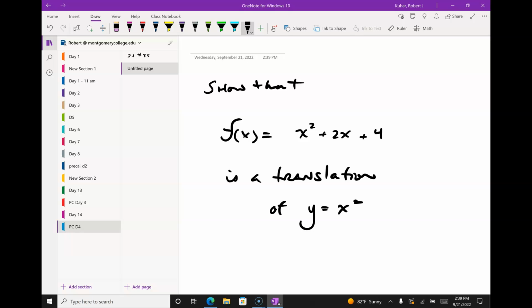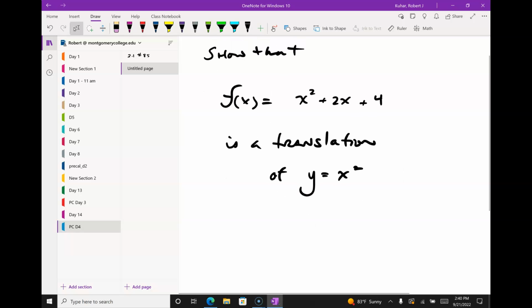So I think I had said, did I say don't write it, or did I say I'll put the details in the next class? Didn't I say something like that? So I kind of want to give you a step-by-step for completing the square, okay? So I want to isolate ax squared plus bx.